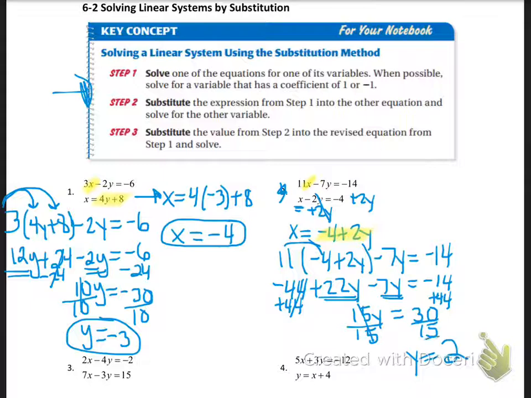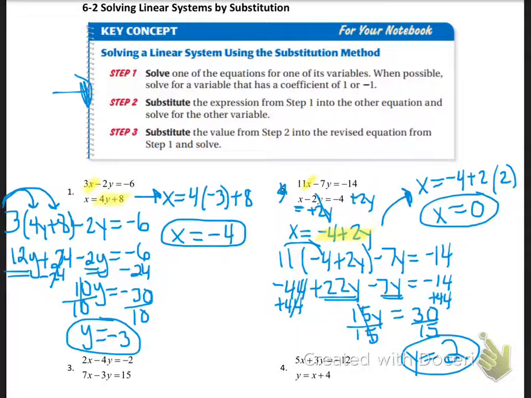Okay, remember, we need an x and a y value. Just like with graphing, it was an ordered pair, so we still need to find our x by plugging in that new y value. x equals -4 plus 2 times 2. So x is equal to 0.